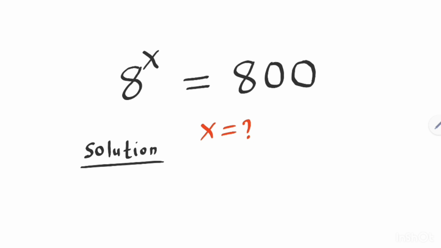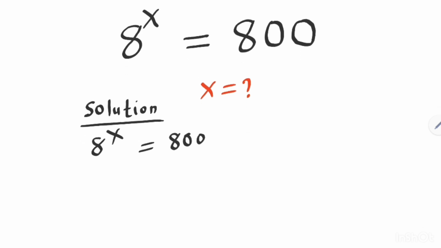Solution. We have the given equation, 8 raised to power x is equal to 800. Let us take the log on both sides of this equation. Log 8 raised to power x is equal to log 800.